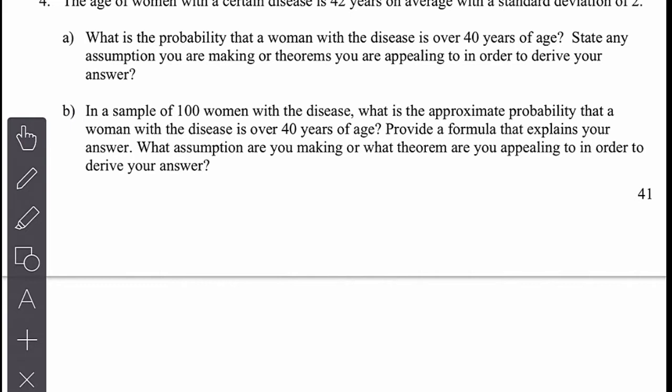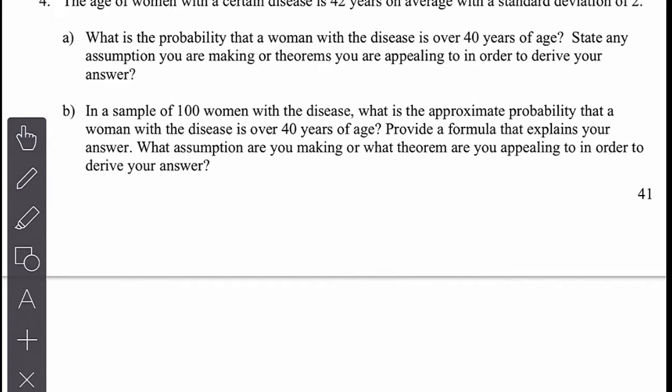Okay, so what is the probability that a woman with a disease is over 40 years of age? So let's say I want to report information by decades of age. So I want to know for 40 and over. How would I figure that out? So I really can't do much with this unless I make some assumptions.